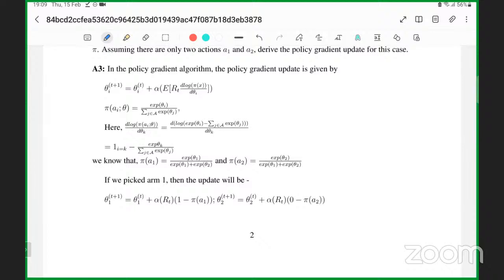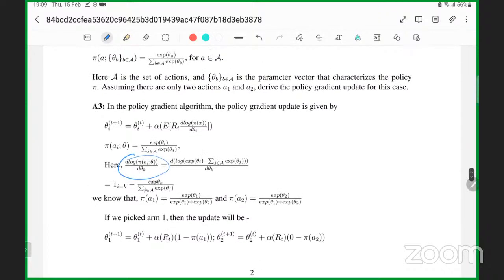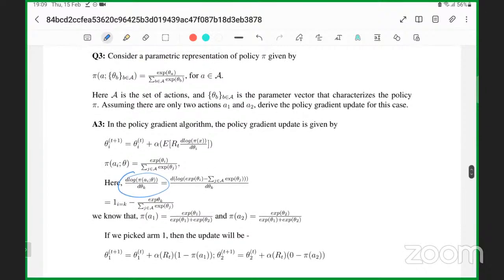Here we are just calculating this thing properly. If you recollect the policy gradient descent algorithm, we were just calculating del log phi. So for this particular phi, we are just calculating the partial derivatives.